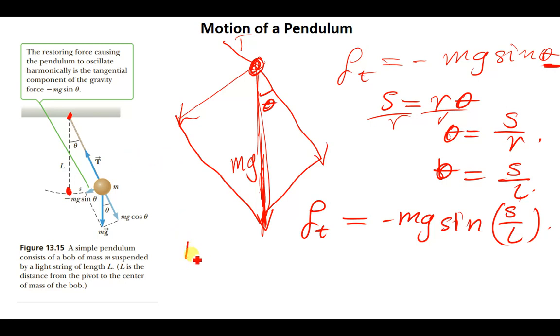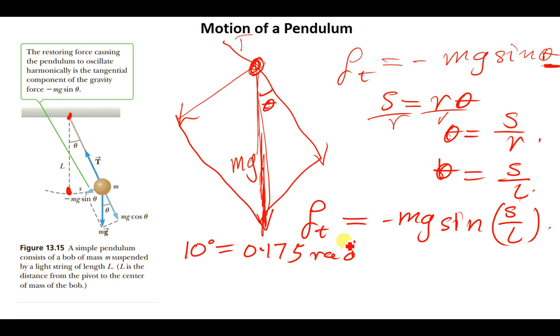When you find 10 degrees in radians using a calculator, this is just the same as 0.175 radians when you round it off.